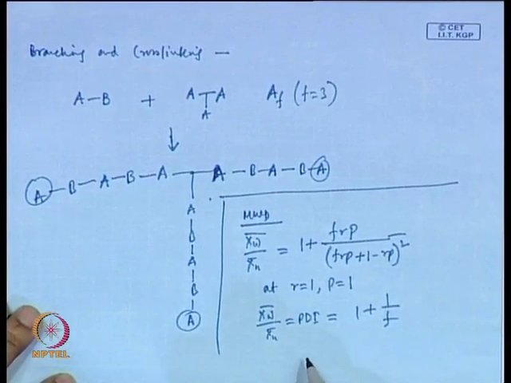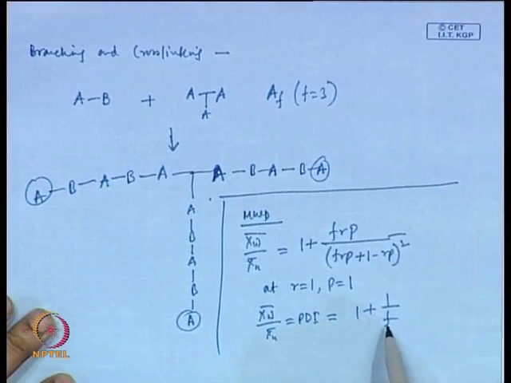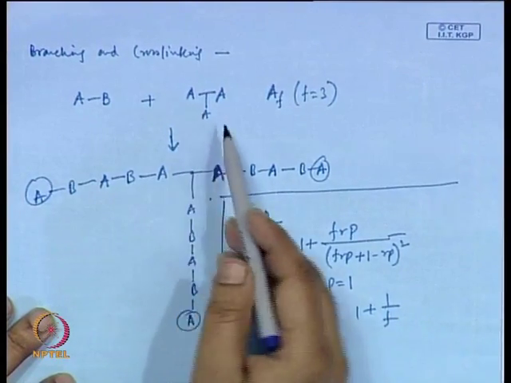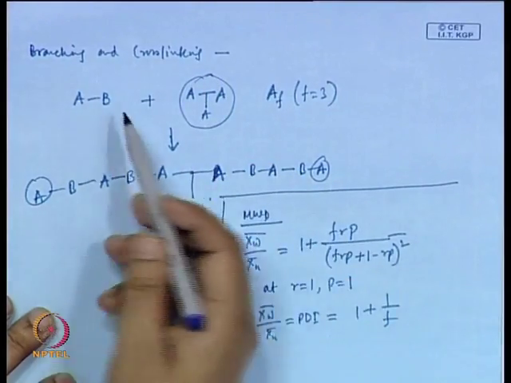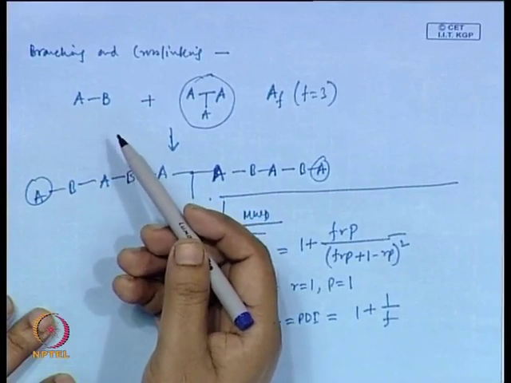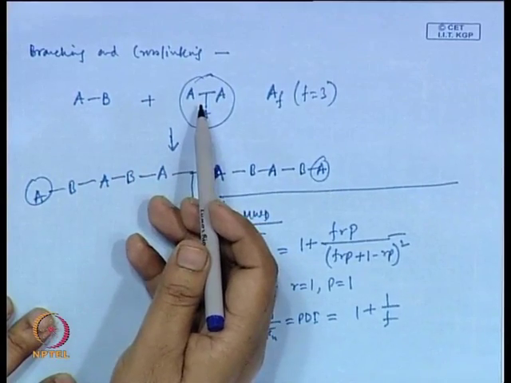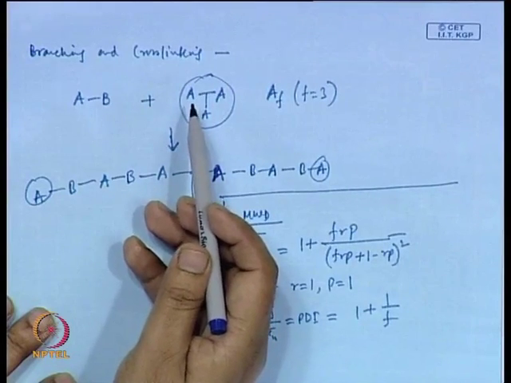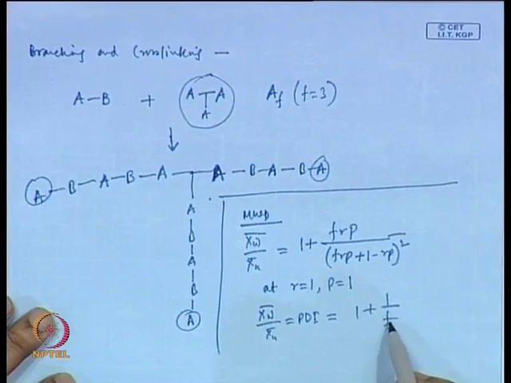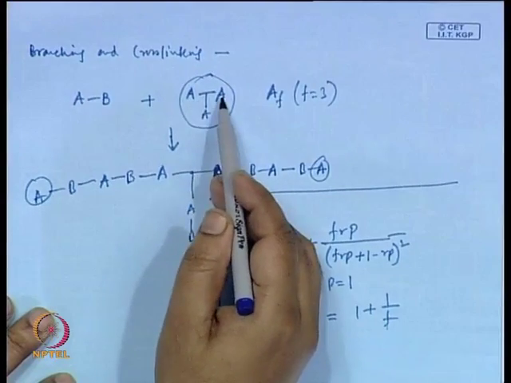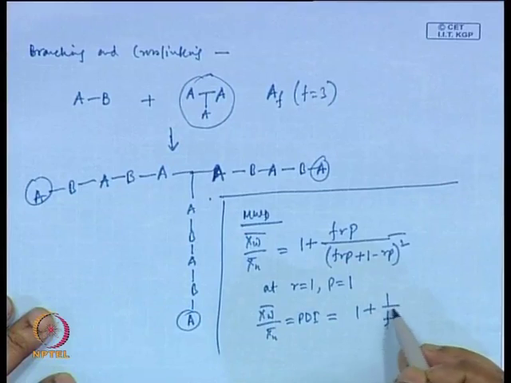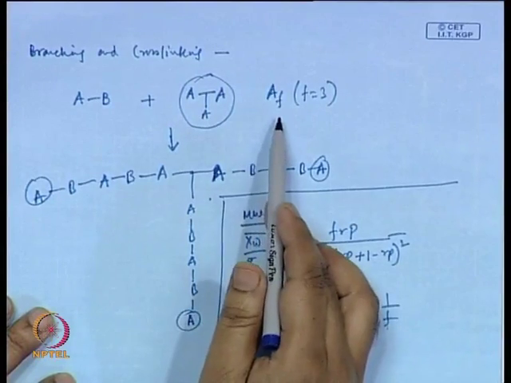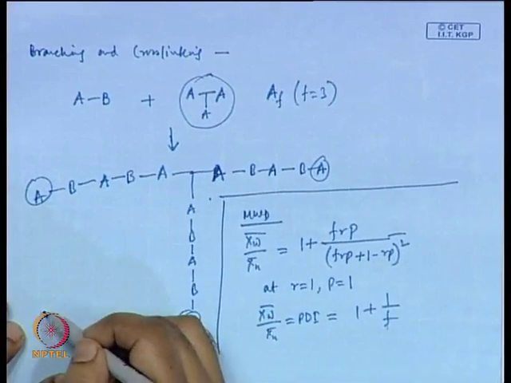If f is 1, so if I take this molecule just as one monofunctional group, then obviously, we discussed that earlier, it will be like a linear polymerization with presence of a small amount of monofunctional group. If f is 2, which is basically A and A, then it will be a much narrower distribution.